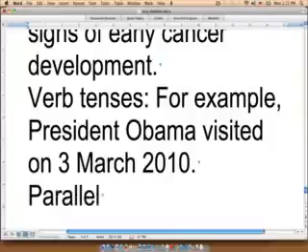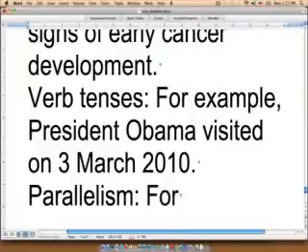Next, parallelism. So what does parallelism mean? Parallelism is using common grammatical structures at the same points in certain areas of a sentence. So let me share an example to illustrate.